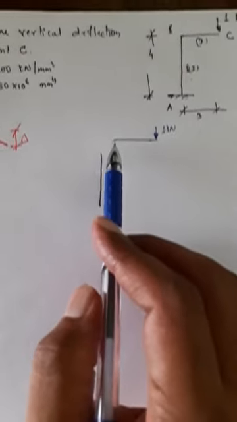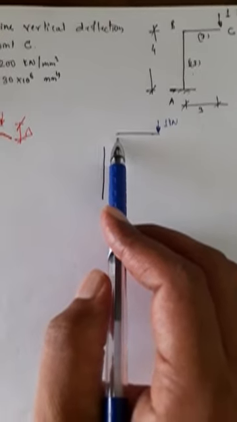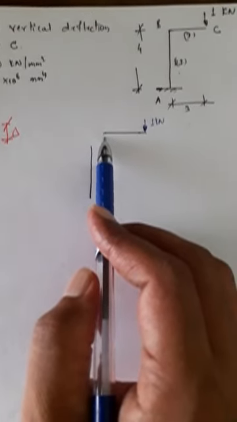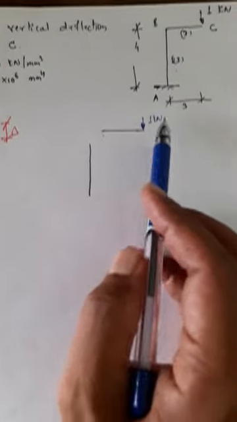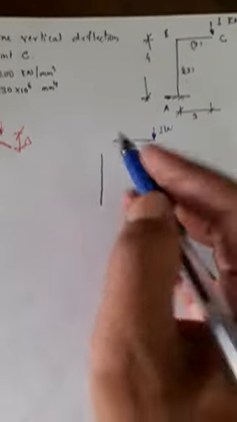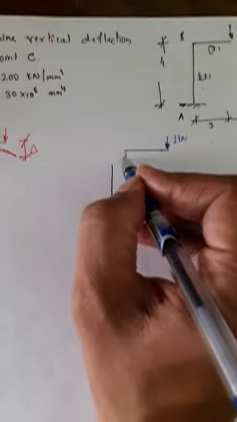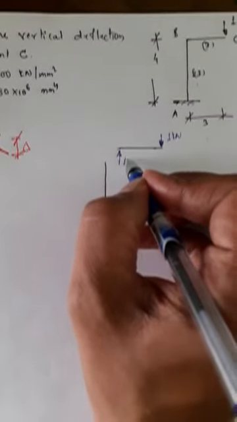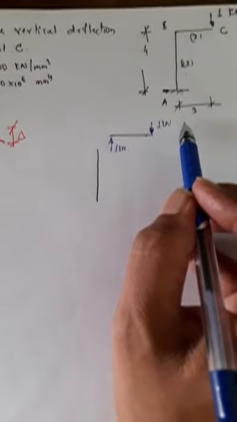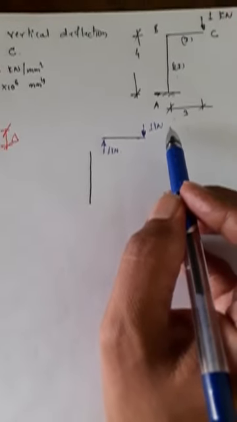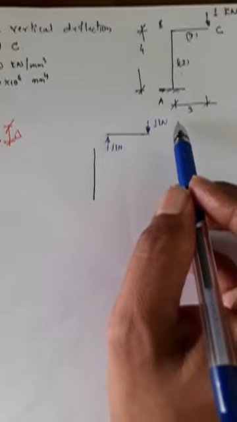So at this end, I should apply a force equal and opposite to this to make this member in equilibrium. So here I am going to apply 1 kilonewton load. Now, if you consider only this much member, summation V is equal to 0 is satisfied.